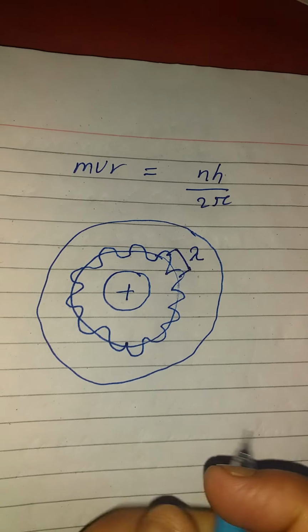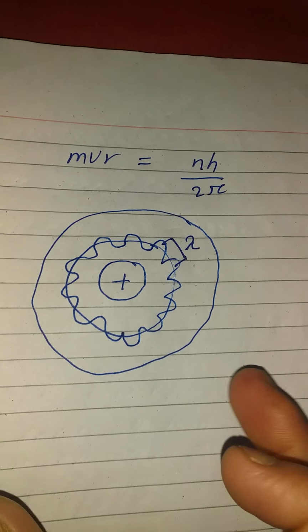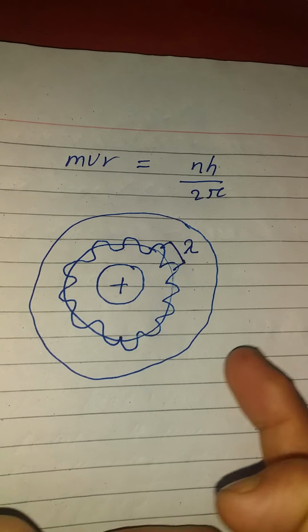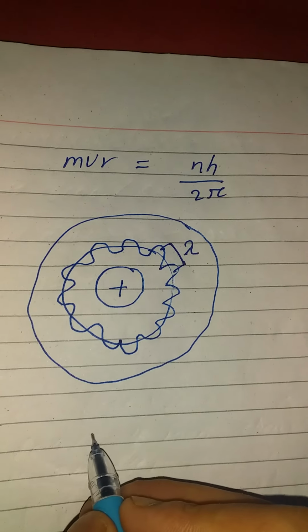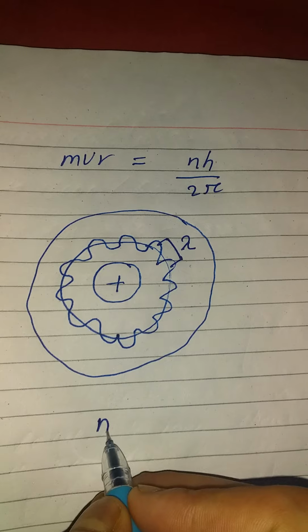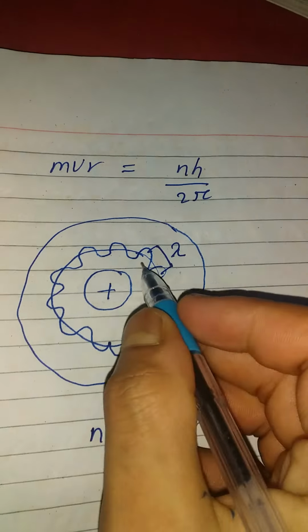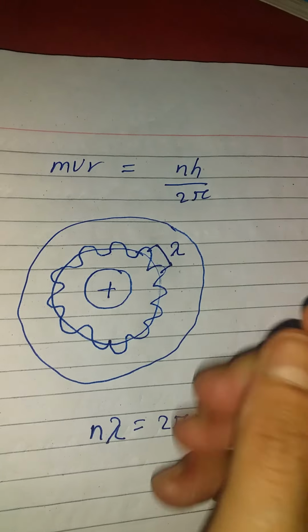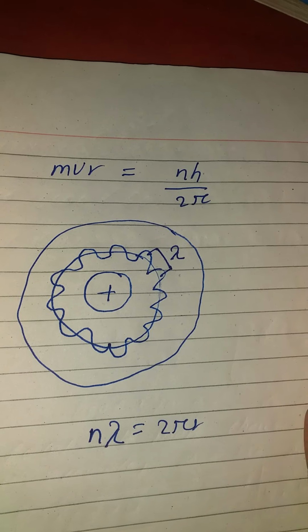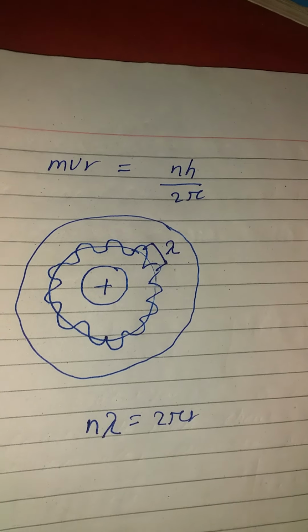So when an electron resides in a stationary orbit, then n lambda is equal to 2 pi r, meaning this distance is 2 pi r, and one lambda gives some length.